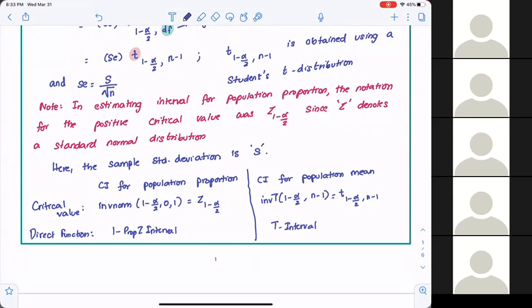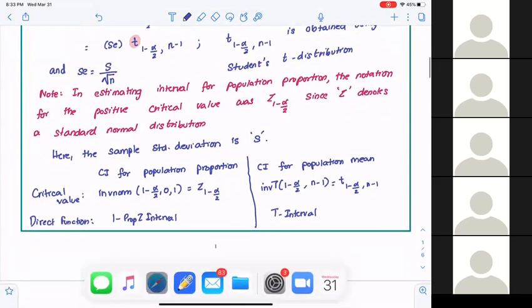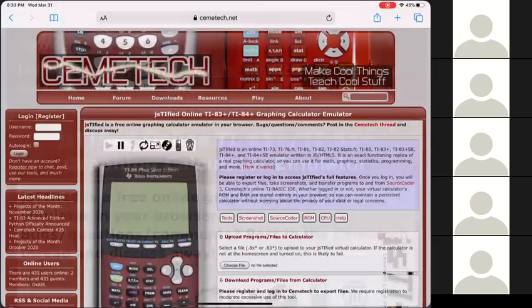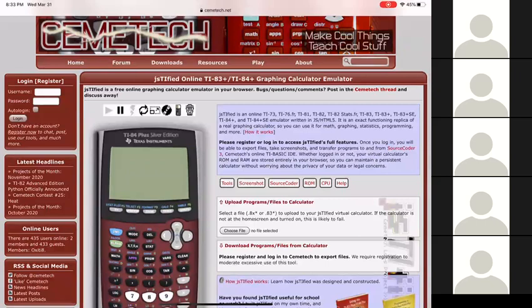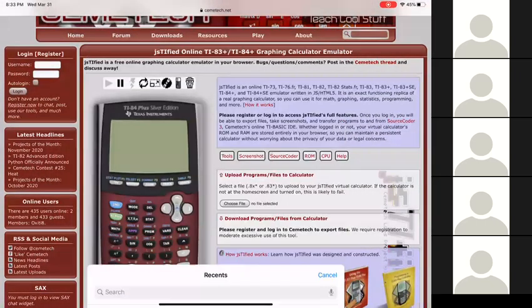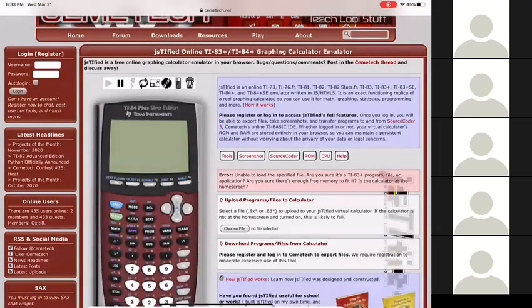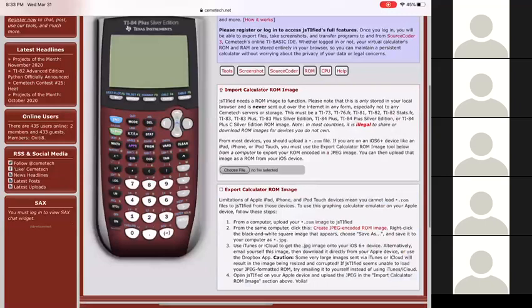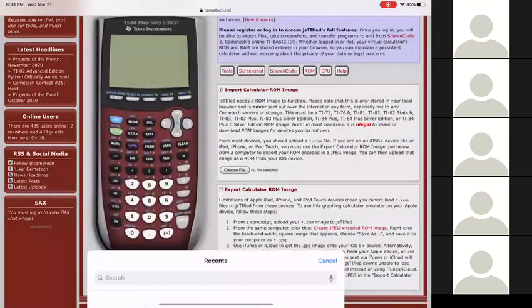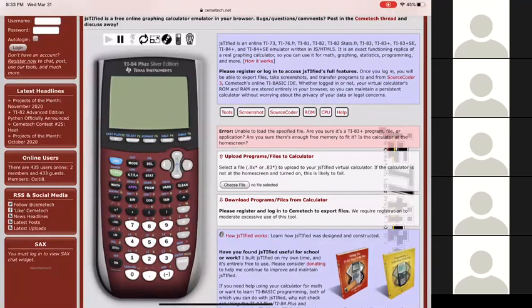So let's go back to the calculator. So where do we find the inverse t function?